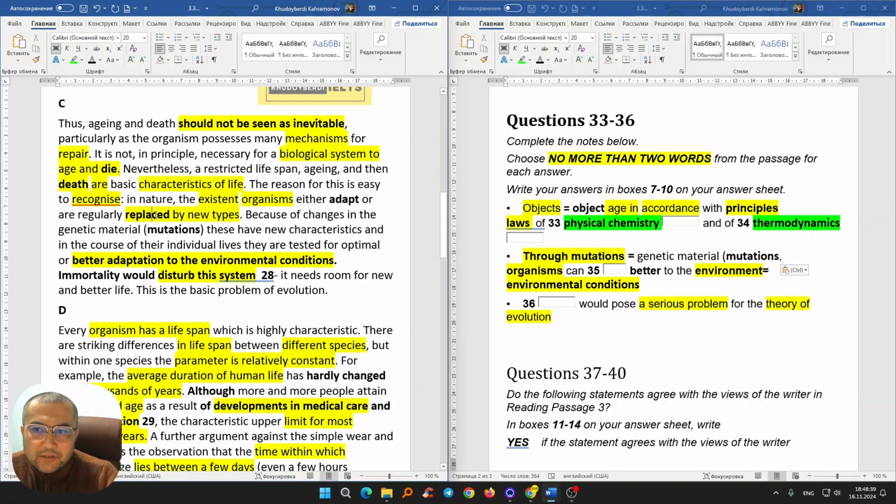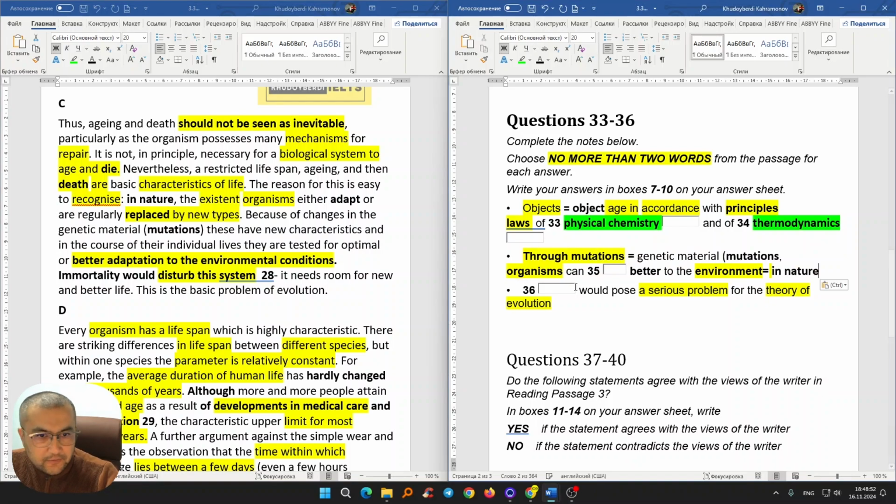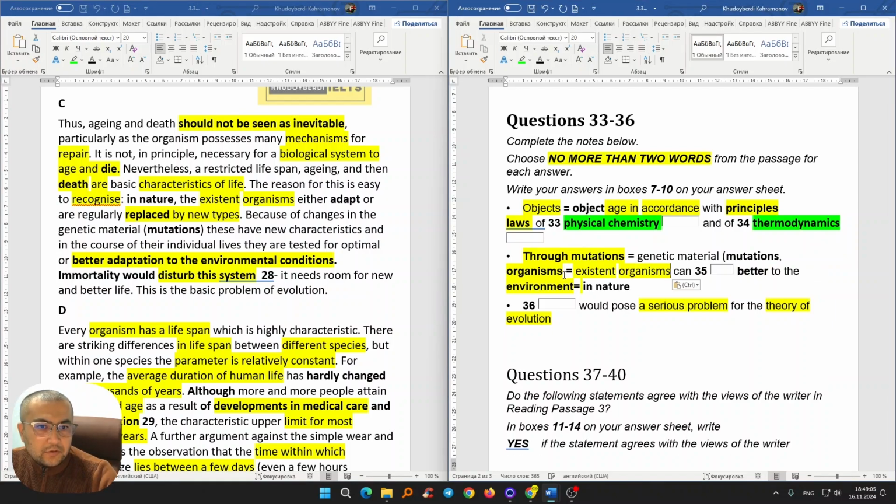All right, let's figure out which can be the right answer. In nature can be a perfect synonym for environmental condition, right? And existent organisms can be a synonym of organism. So it can adapt or it can be replaced.